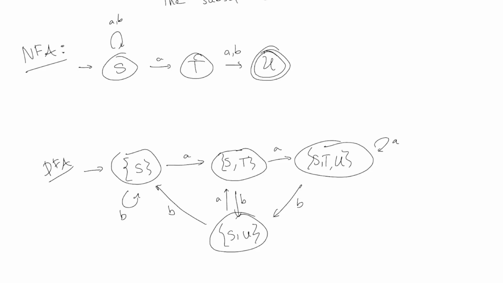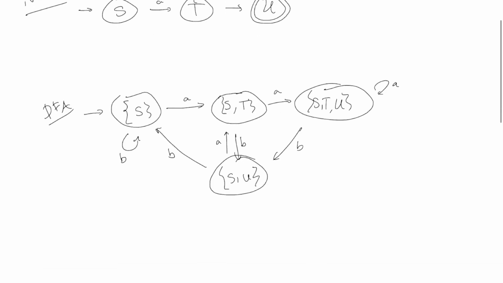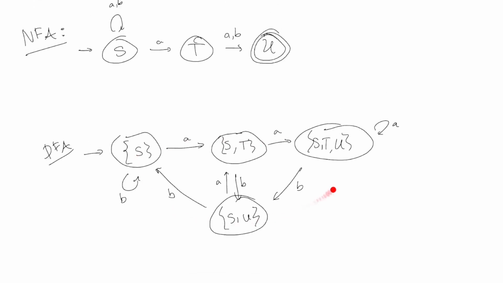Okay, and I think that's it. Those are all the arrows, all the states. I hope we remember I said last time the accepting states here are any of these states which include any of the accepting states here. So down there, anything with a U in it is accepting, and there are two of them. There's this one that has a U in it, and that one has a U in it. All right?